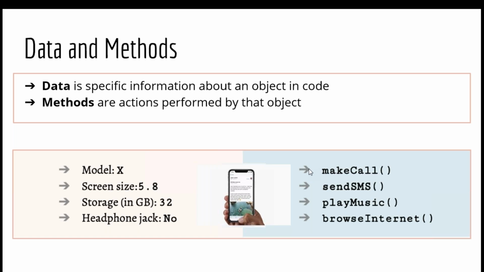This is just an example of how data and methods are used. Although I gave an example with an iPhone, the concept is the exact same whether you program around any object in Java. You have information about an object, and then you have actions which the object can perform.